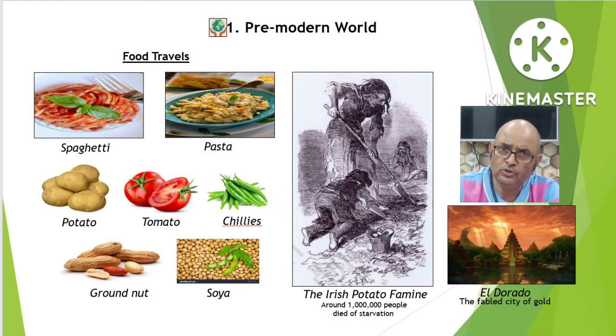So once introduced, the germs spread the deadly disease and killed the whole community. As a result, they conquered those regions easily. So we can say that the global transfer of disease in the pre-modern world also helped in the colonization of America.